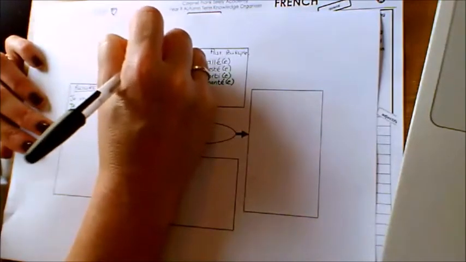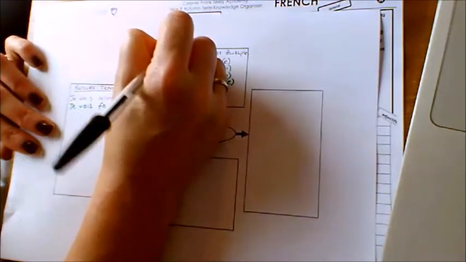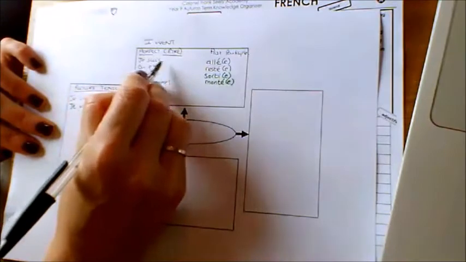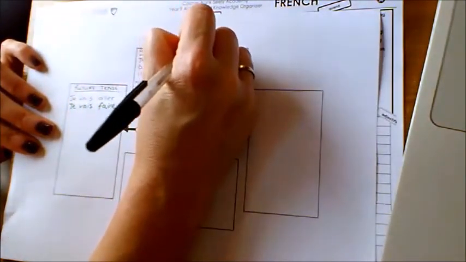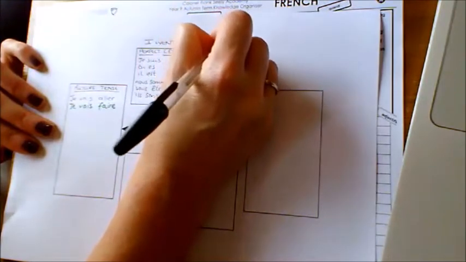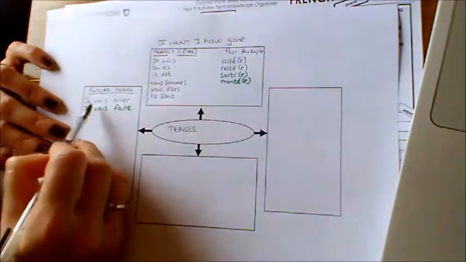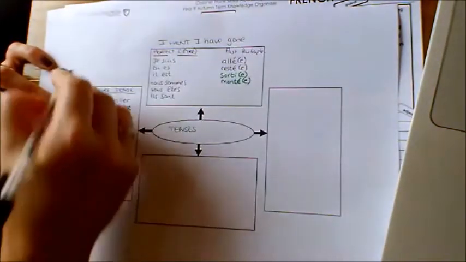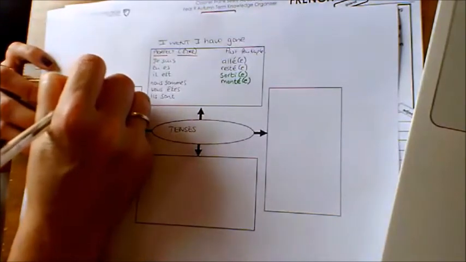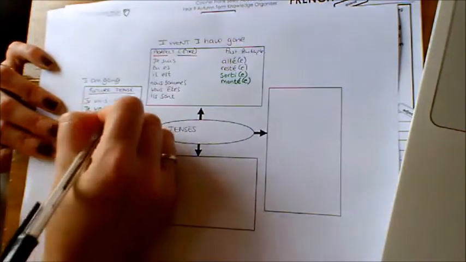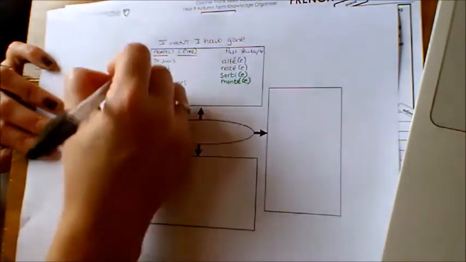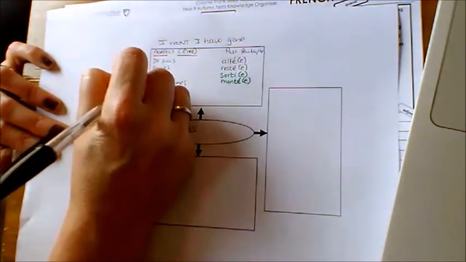I might need to put in there, I went, je suis allé, so that I know that je suis allé means I went or I have gone. And for the future tense, for example, je vais aller, I am going, because that's what je vais means. And then the infinitive, to go, to do.